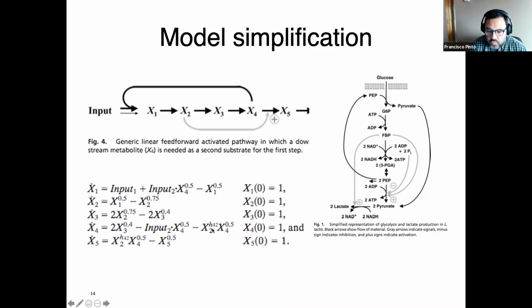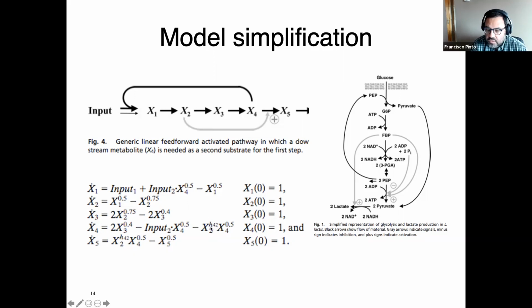So this X2 represents this interaction. As it is an activation, if this kinetic order H42 is positive, that means that if you have a greater value of X2, you will have a greater value of this rate. So X2 is activating this reaction. You can model the presence or absence of this interaction by changing the value of this kinetic order.